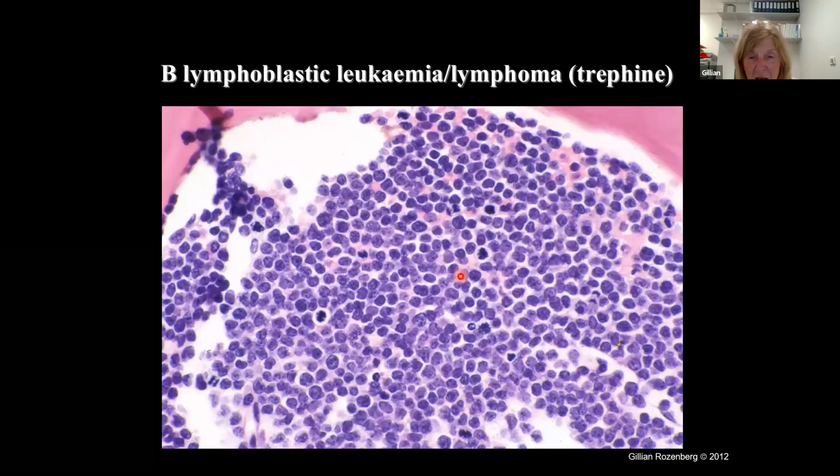This is a slightly higher power. So that first one was times 200 magnification. This is times 400. And just to give you an idea that you've just got the marrow being replaced by a clonal population of lymphoblasts.